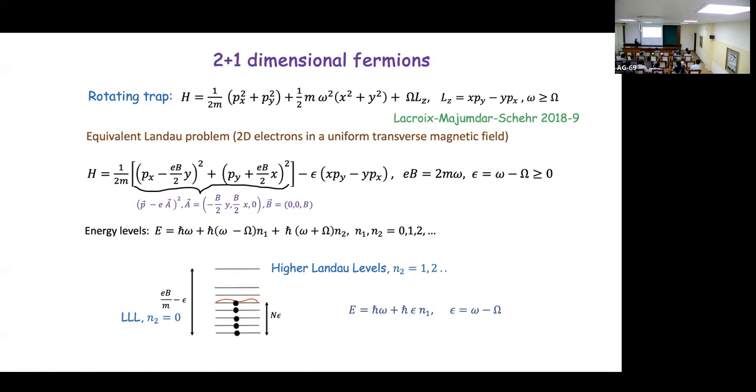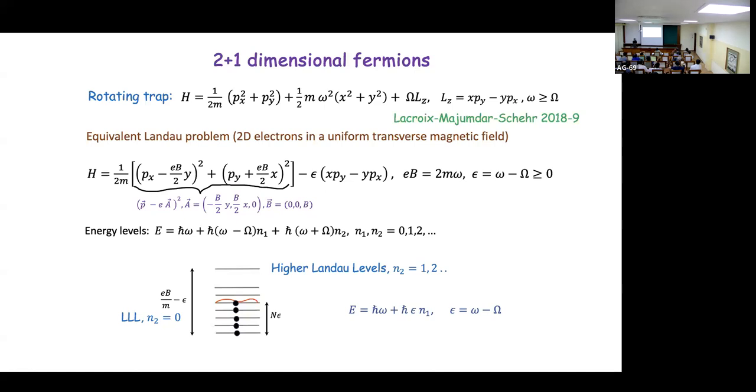So there's an inequality here, and in the limit when this little omega is equal to capital Omega, believe it or not, it is exactly the same as the Landau problem, with these identifications that eB is given in terms of 2m omega. But even when little omega is different from capital Omega, there is some amount of this non-inertial term that remains. So it's like a Landau electron in a non-inertial term.